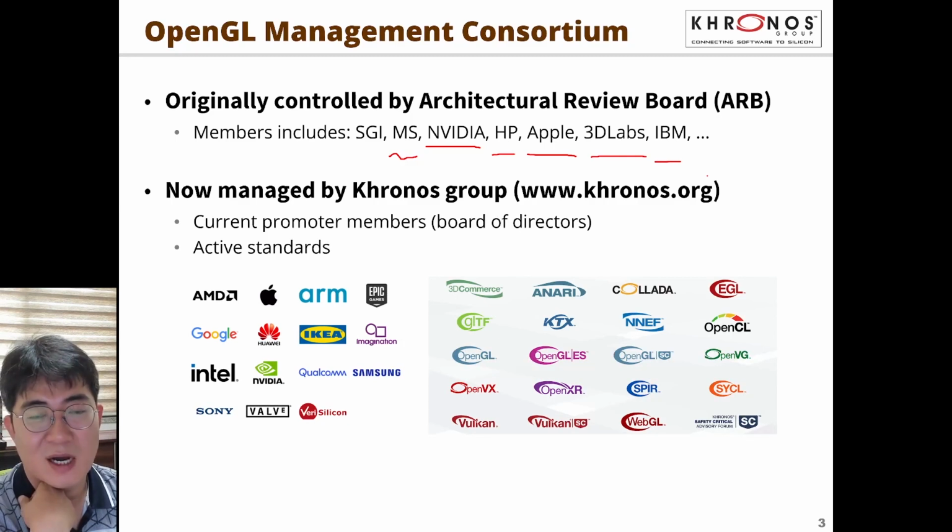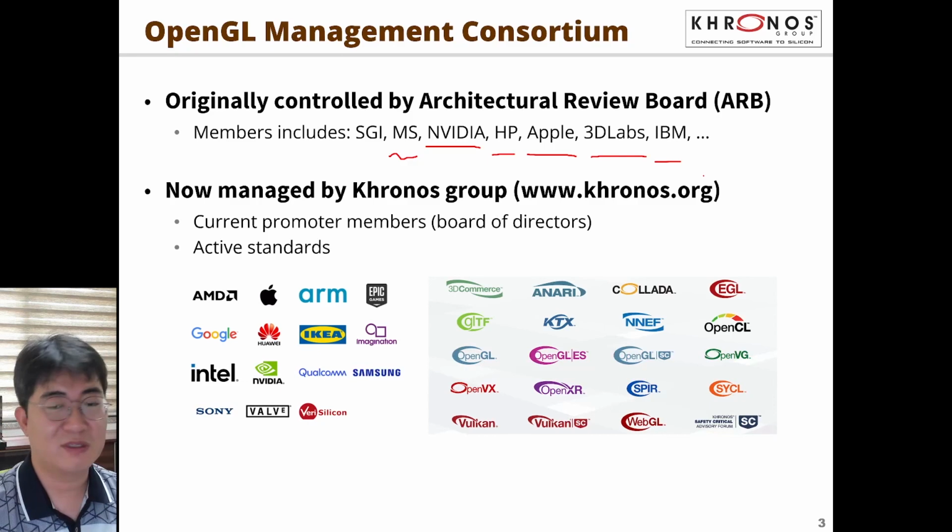At that time, OpenGL was almost the only API that they needed to control. But later, there came many more APIs with a similar inspiration to OpenGL, and they expanded to a different consortium that is the Khronos Group.